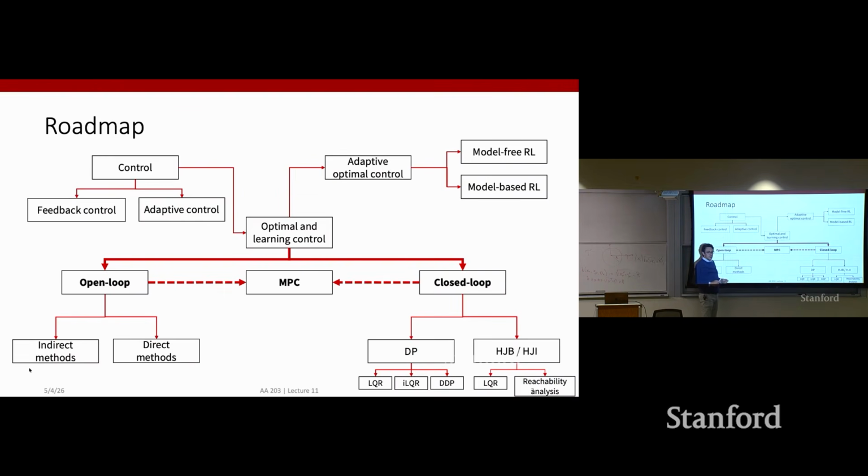Can we get the best of both worlds? Basically, the speed of an open loop method with the power of a closed loop methodology. The answer is yes, to a large extent, through the lens of MPC, model predictive control.